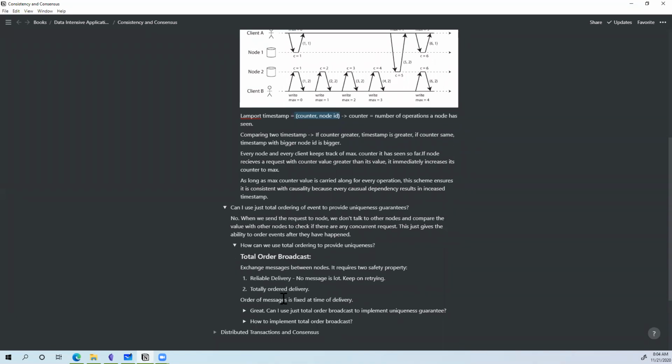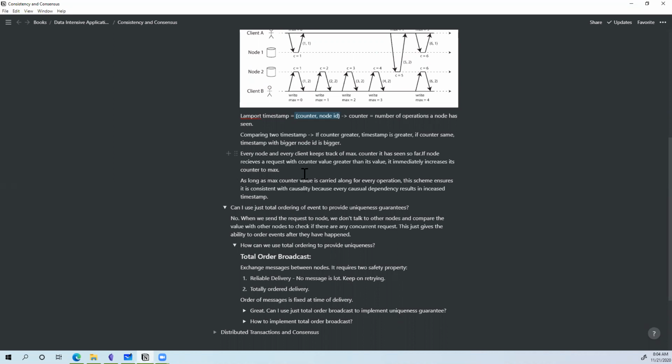The other is totally ordered delivery. That means the events should be totally ordered, and that order should be fixed, right? Every node should agree on that order, and there should be that one order between all the nodes. So this order of messages should be fixed at the time of delivery, right? If a protocol can satisfy these things, then it is a total order broadcast.